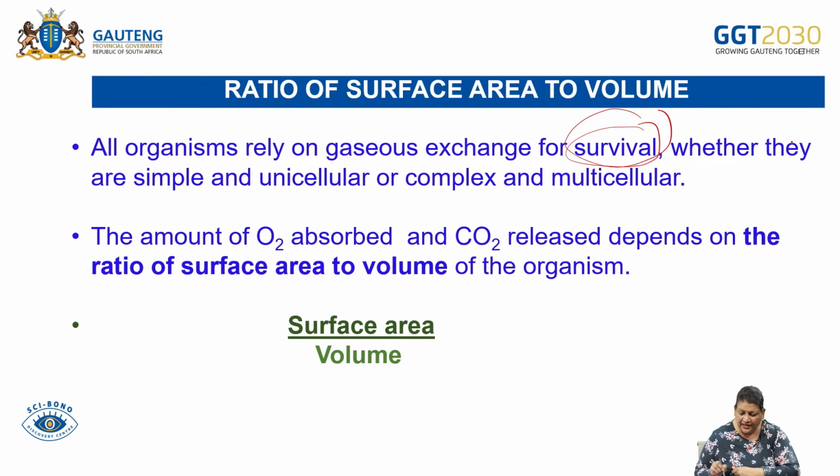We need oxygen for survival. So whether you are a simple amoeba or a very complex human being, we all need gases such as oxygen. Unicellular means made up of one cell, and multicellular means made up of many cells.